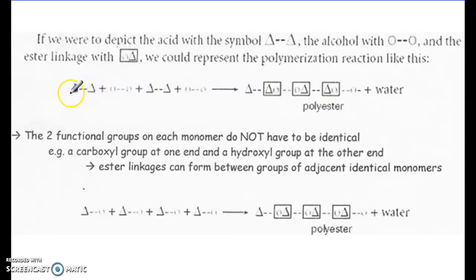So if you have 2 triangles that are representing the 2 carboxyl groups and the 2 little circles representing the alcohol groups, when you form your polyester, you're going to have it alternating. So it's going to be triangle, circle, circle, triangle, triangle, circle, circle, triangle. I know, silly, but anyways, like I said, it's easier, I think, to see it with an actual example. Of course, please read through the note.